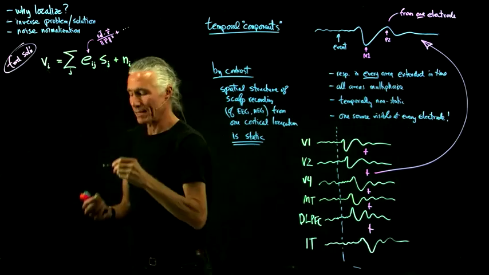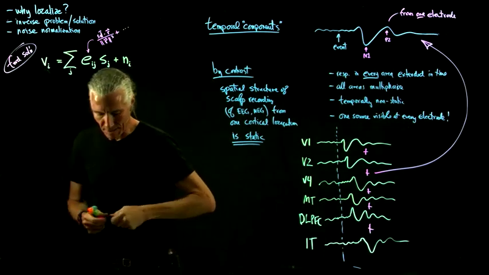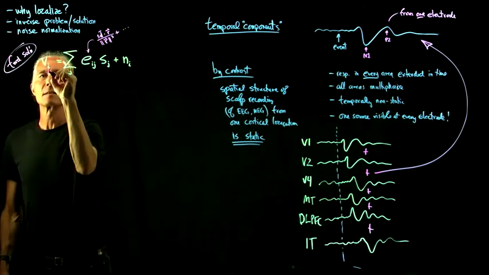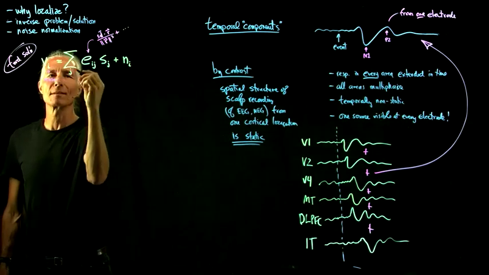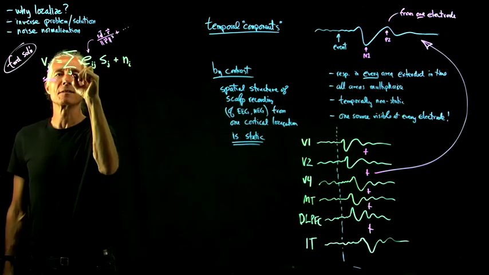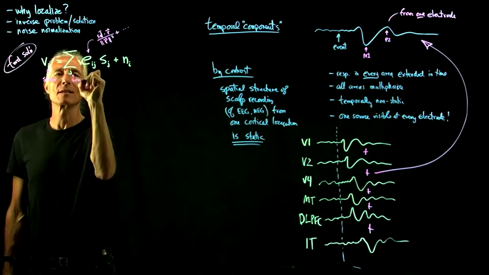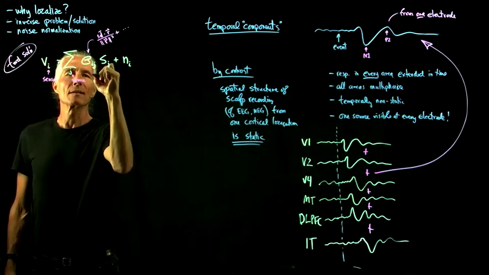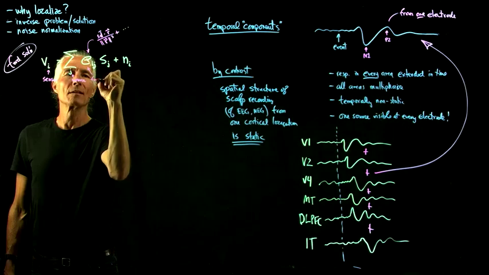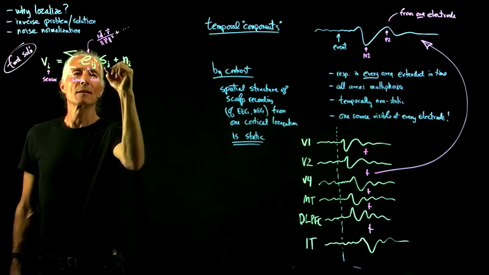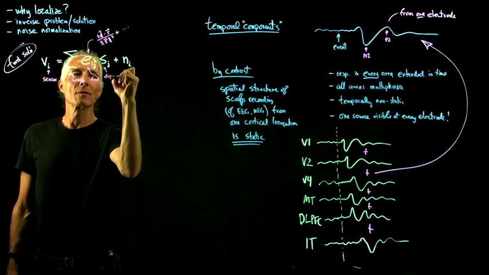And that's by sensor. So let's just label all these things. So this is sensors. Unfortunately, sensor and source is the same letter. So this is source, so J is source. This guy is the forward solution. This guy is the dipole strength.